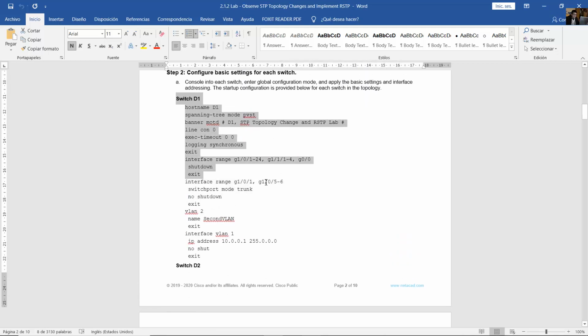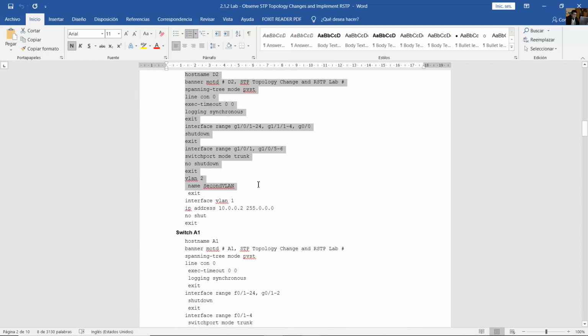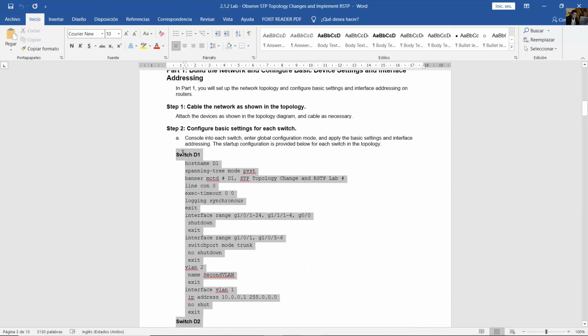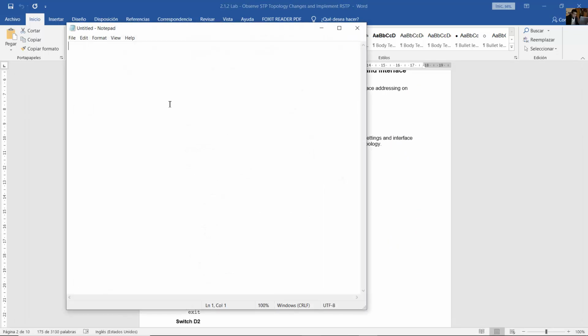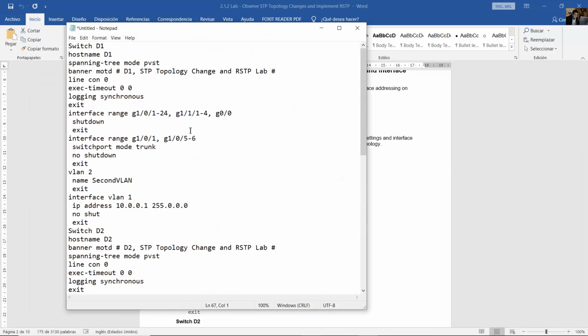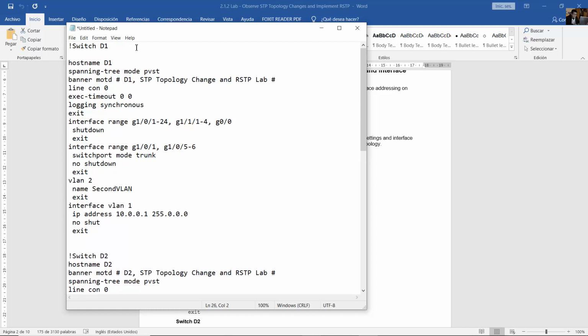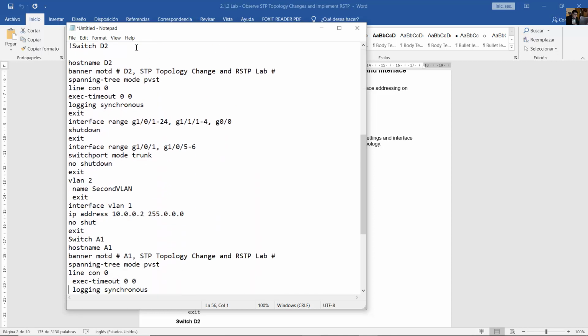Okay, copy switch D1, switch D2, and switch A1. Copy this to Notepad. Paste. Okay, switch D1, switch D2, switch A1.